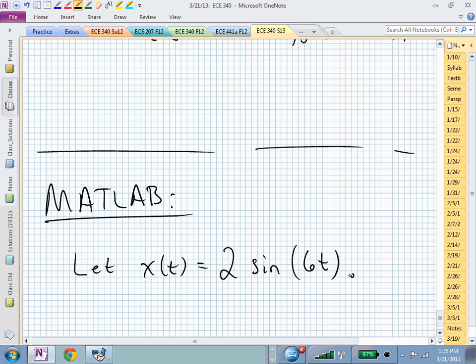And now on the exam I say, okay, you have your system. Either I give it to you as the transfer function or as A, B, C, and D. And I give you this input x, and I say, tell me how fast you want to sample and how long you want to sample in a MATLAB simulation. That's a valid exam question.